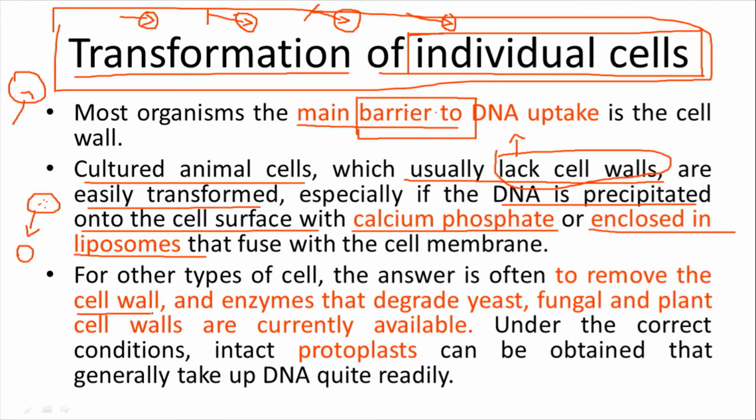So we can produce the spheroplast using antibiotic based spheroplast generation or enzyme based spheroplast generation. So these enzymes are treated with the corresponding cells to get rid of the cell wall.